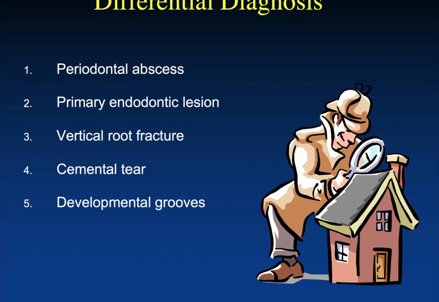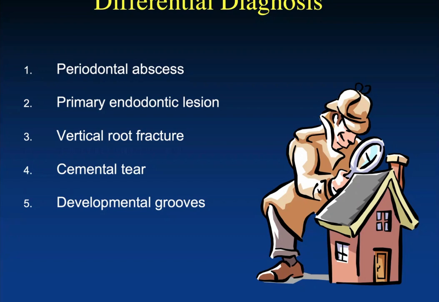This is very confusing with vertical root fracture, because when the root is root canal treated you are not sure if it's a primary endodontic lesion or a vertical root fracture. The only way to know is to send it for CBCT to see if it can confirm a vertical root fracture. If you cannot see it, it's either surgical, or you open the tooth and hope it works. If it doesn't, then extraction.